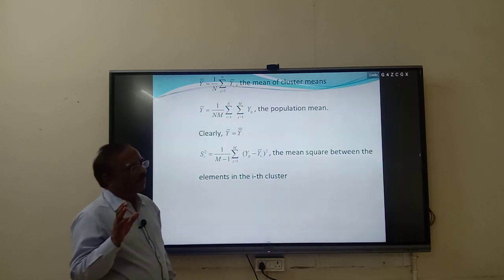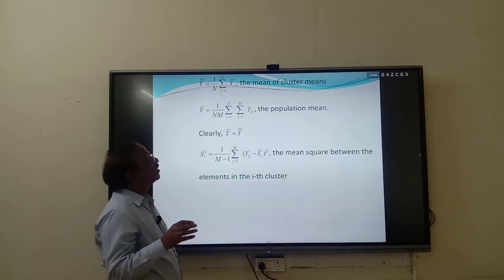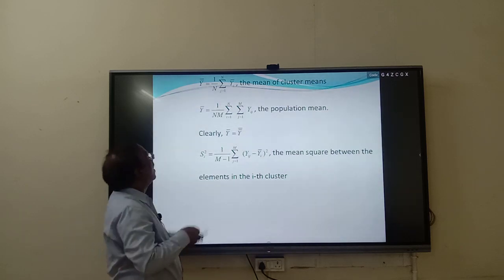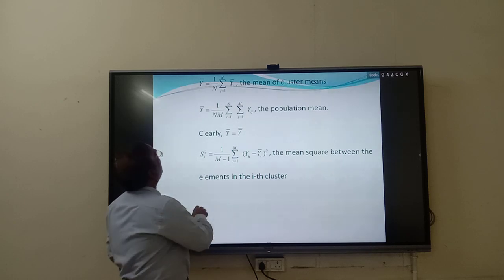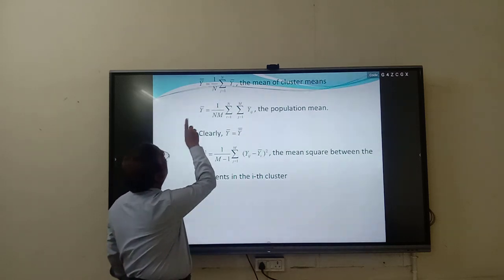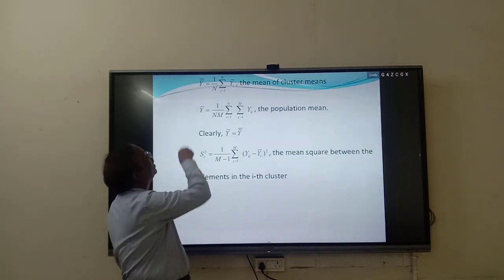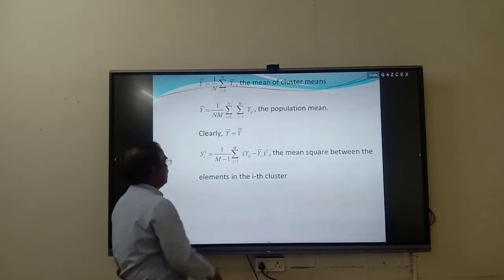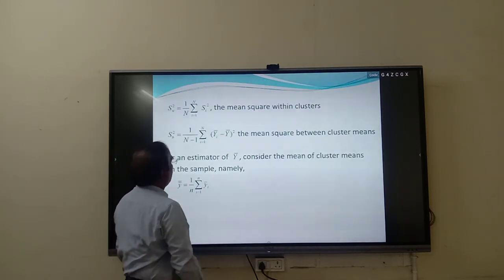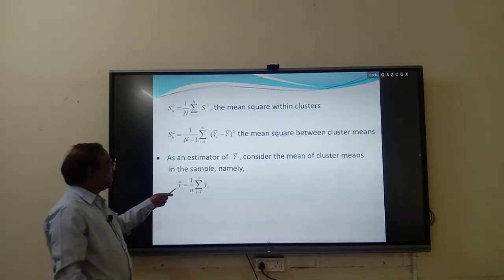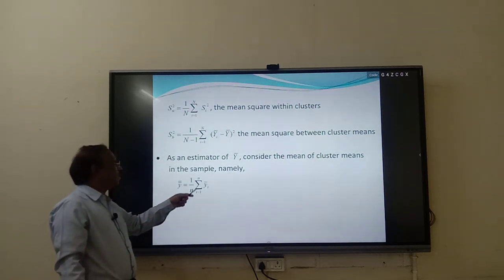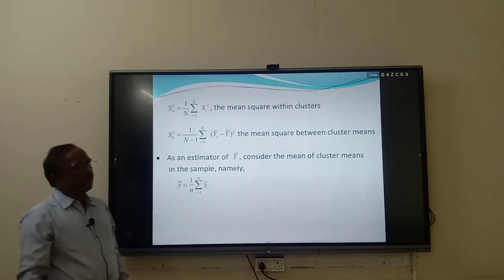And so Y double bar is the mean of cluster means in population, and by replacing capital Y values by small y, we get small y double bar is equal to 1 by n, sum i goes from 1 to n, small yi dot bar.